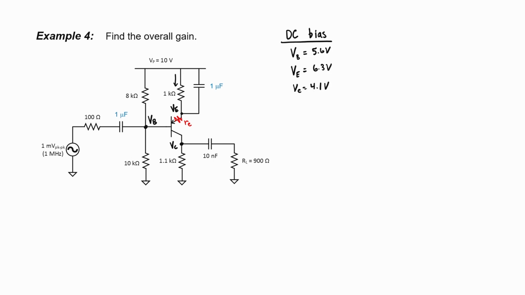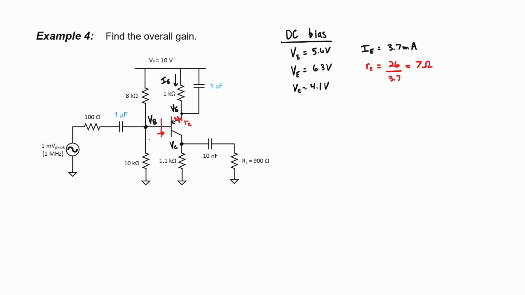I'll also label my emitter current, the DC emitter current that is, and we also found that in a previous example, so I'm not going to go through that calculation again. What we are going to need in this example is little emitter resistance r sub e, and we can find it by taking 26 divided by our emitter current, expressed in milliamps, which gives us 7 ohms at room temperature.